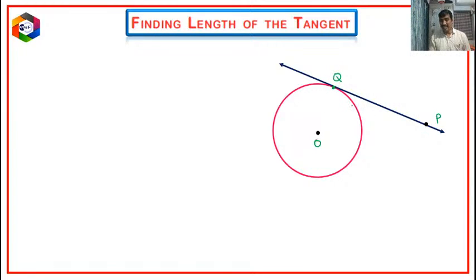And now what is the length of the tangent? Length of the tangent ante enti avutundante, actually ga tangent anedi line, ki length find out cheyalem.